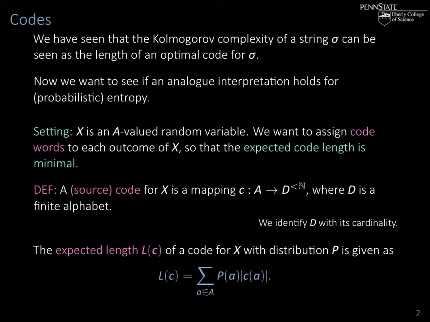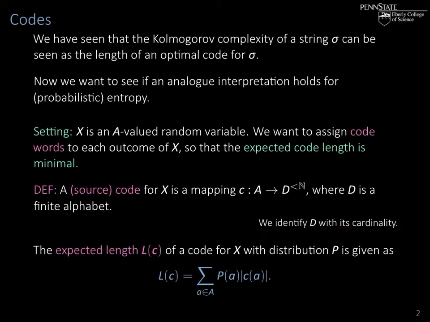Formally, we define a source code, or just code, for the random variable X to be a mapping C from the values of X, so A, to the set of strings over a finite alphabet D. In the following, to make notation a little easier, we identify D with its cardinality.